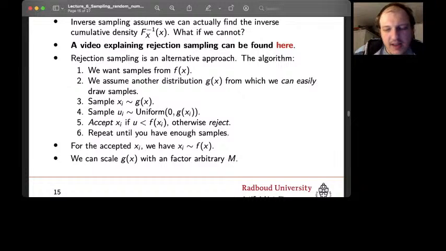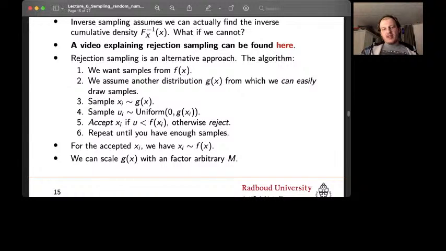So g(x) is the distribution of choice. This one is the target distribution, and here we want to draw random samples from g(x), and then sample from the uniform distribution from 0 to the value that you get from the previous sample.